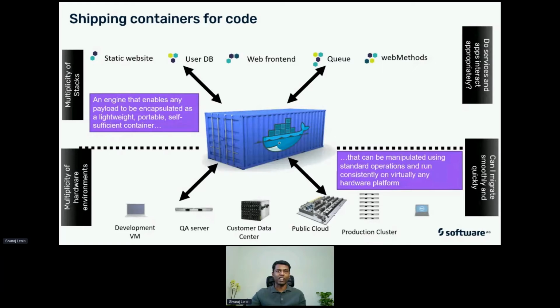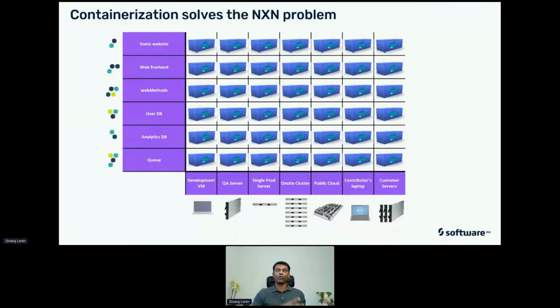And it's an analogy that we borrowed from the shipping world, where the responsibility of the shipping provider is, without thinking about what is being transported, to put them in a box. It can be a refrigerated box, or it need not be a refrigerated box. It's the shipper who needs to know what needs to go into the box. And all I do is take the box and move it from one place to another. And that's what ops guys were expecting, and that's what containers are giving.